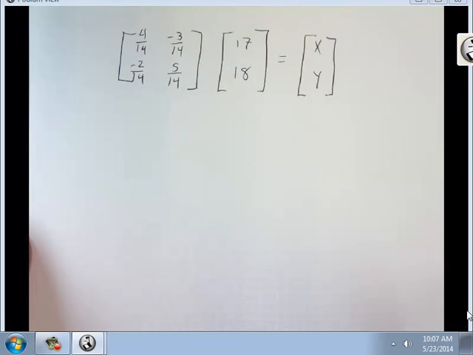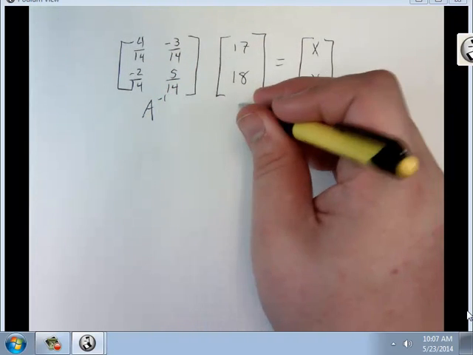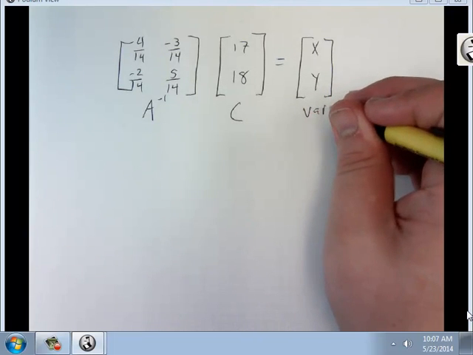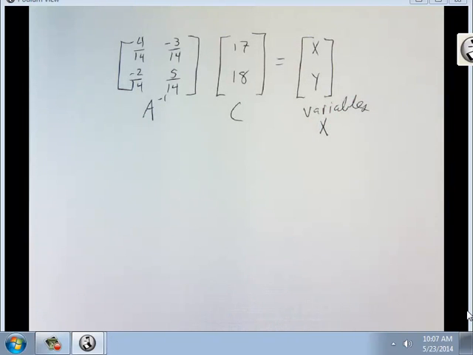Alright, we've got our inverse matrix, we've got our answers, we've got our variables, which was x. So, this is all we do.